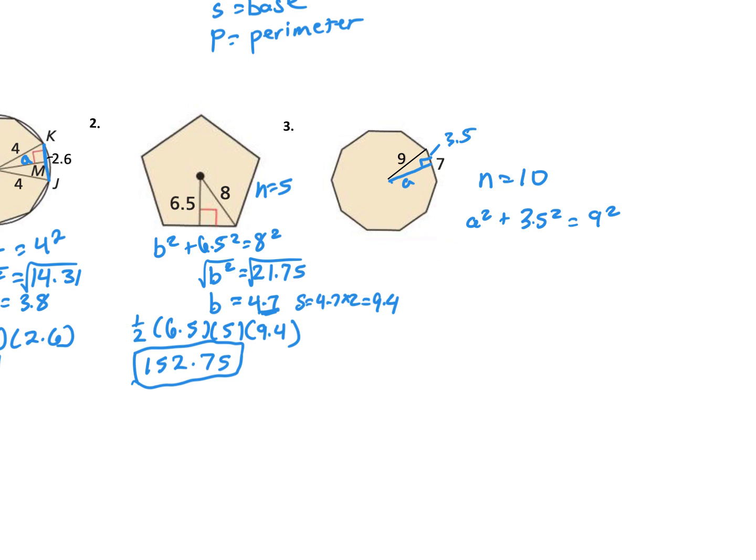So 9 squared minus 3.5 squared, so A squared is then 68.75. Square root both sides. A is 8.3. So then put in our formula, 1/2 8.3, there are 10 sides, times 7 for the base. So then we get 290.5.